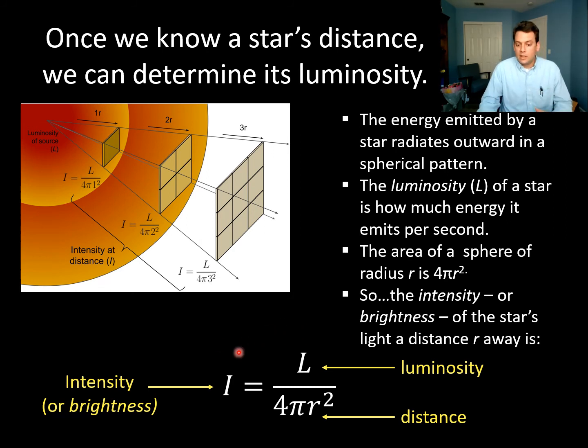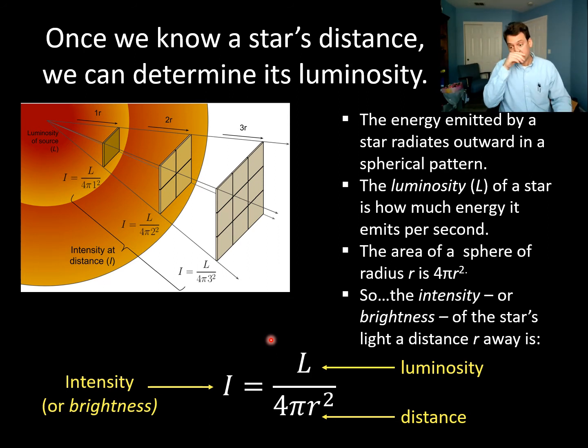You may or may not love math, but all it does is say that the luminosity is the total energy emitted per second. It's the power of the star. It's sending out in all directions equally some amount of energy per second. As that light travels out, it creates larger and larger spheres over which that energy is distributed.